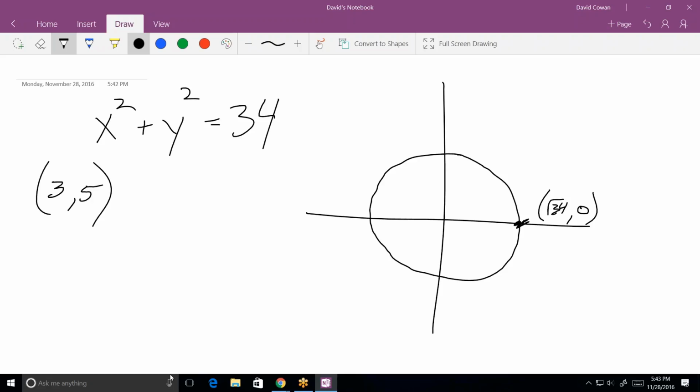And they're saying find the equation of the line that is tangent to the circle at the point 3, 5. There is 3, 5.